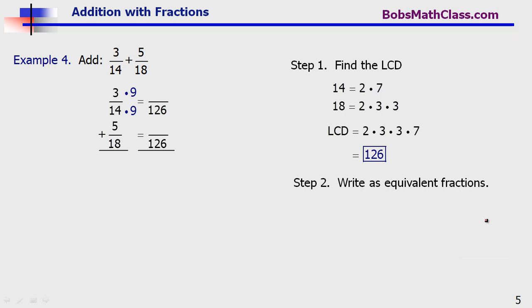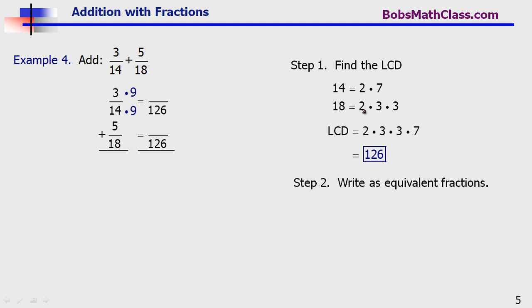Okay, let's do that with the next one. 18. What is 18? 18 is a 2, a 3, and a 3. So cross out a 2, a 3, and a 3. And then tell me what's left. So cross out the same numbers in your LCD. We have 18 right here, right?